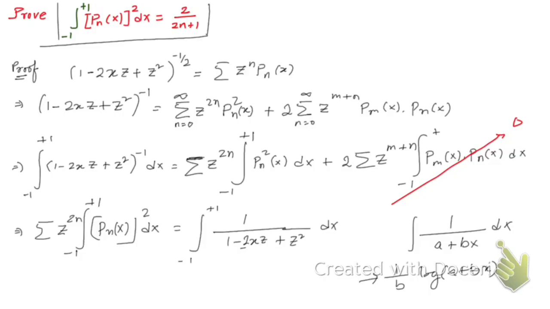Then we're going to get log of this, 1 minus 2xz plus z square. Here the coefficient of the variable is -2 into z. This term can be written as -2z into x, so this part is the coefficient. So here we're going to write that, just give me a second.